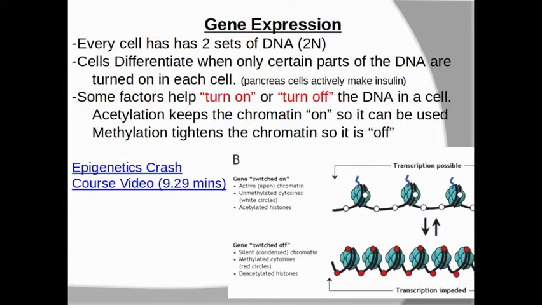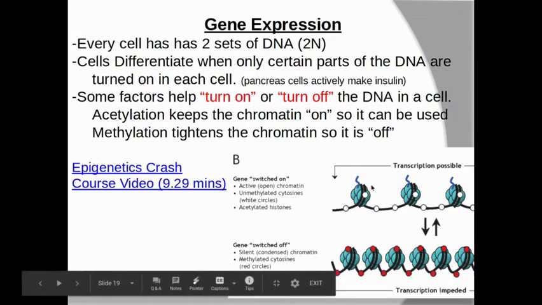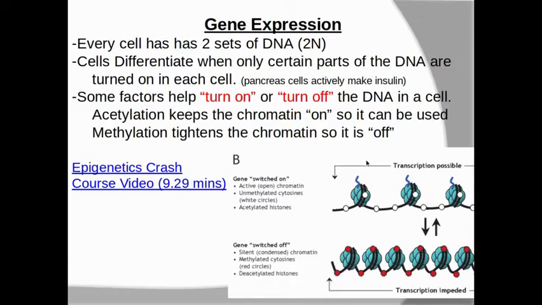Acetylation, when the DNA is acetylated, it keeps the histones loosely coiled, and this loose coiling, shown in diagram B down here, makes it possible for the DNA transcription factor, the protein that's responsible for transcribing the DNA, to fit in here and grab onto this DNA.